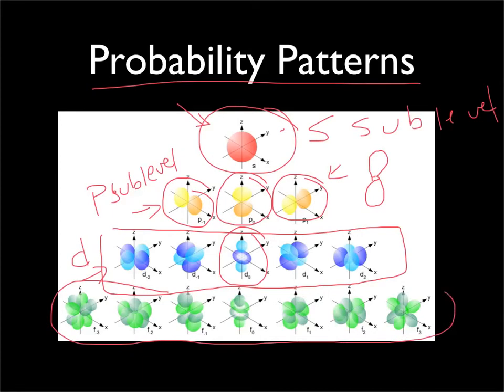These down here look pretty weird. 7 orbitals, 7 beds. Each of these things that they're showing you can hold 2 electrons.